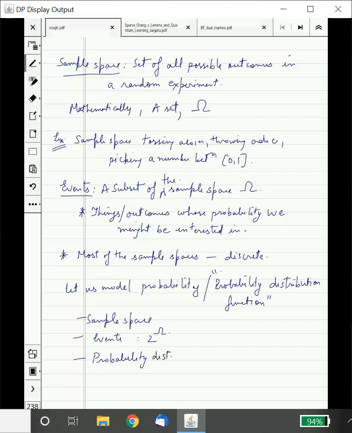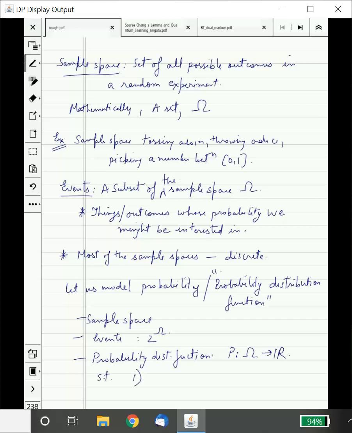This will model our probability event completely. So what is a probability distribution function? Not surprisingly, it is a function from omega, our sample space, to real numbers such that it satisfies two properties.